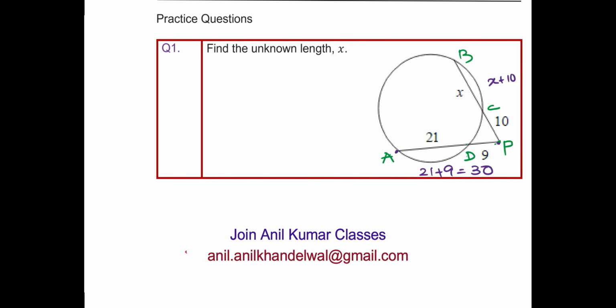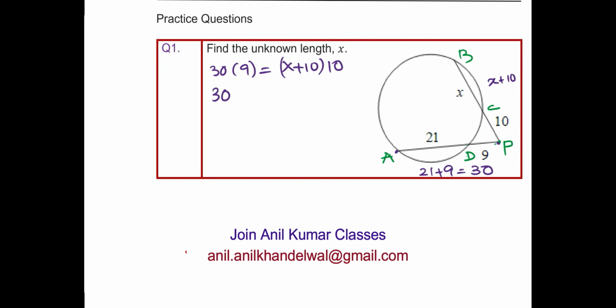So therefore, we can now say that 30 times 9 should be equal to X plus 10 times 10. Solving this, we are going to get our answer, right? So let's divide by 10.